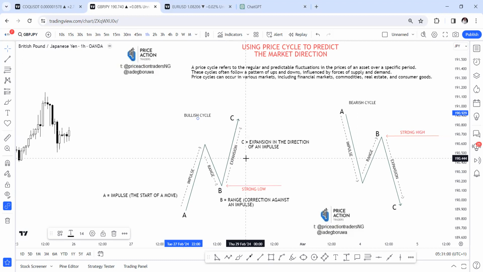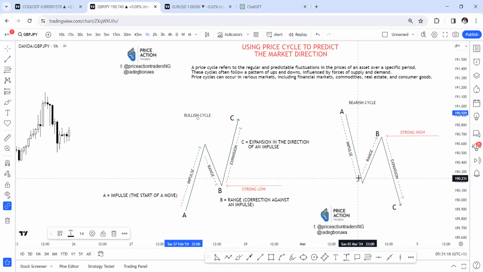Now the opposite is what happens in a bearish cycle. Here is the impulse. That is the start of a downtrend.